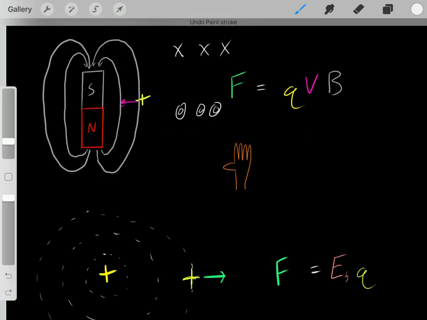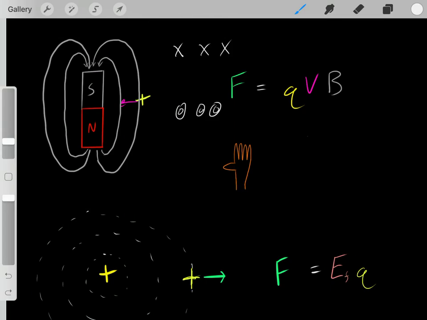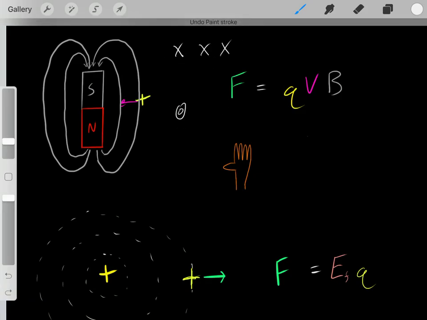This is an arrow pointing straight at us, right at your head, and this looks like the feathers at the end of the arrow. So this arrow is going into the screen, and we see the back of it. That tells you the magnetic force is going into the screen. This is just a little notation that you'll see over and over again when dealing with magnetic field lines.